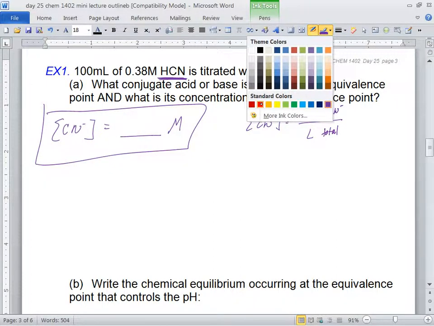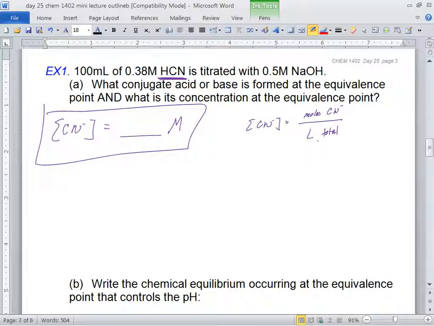It's going to be 0.1 liters plus, you got to figure it out, the equivalence point. So Alyssa, I see two things to figure out here.